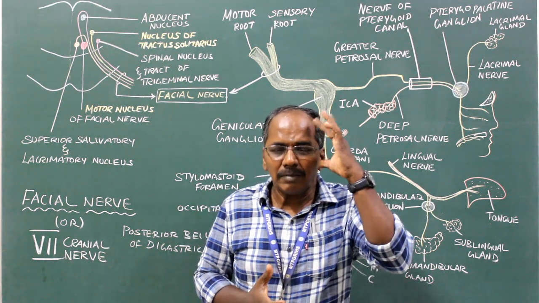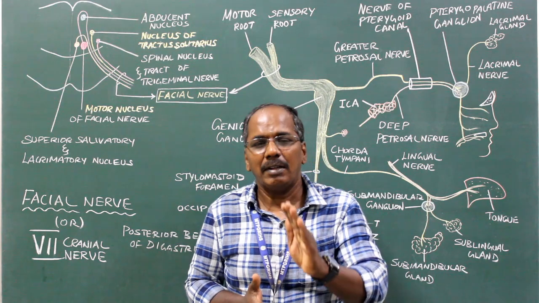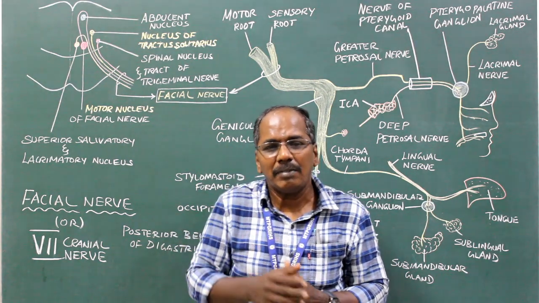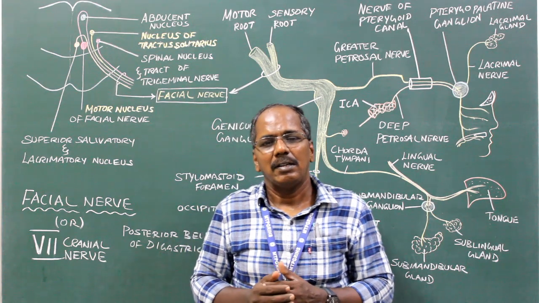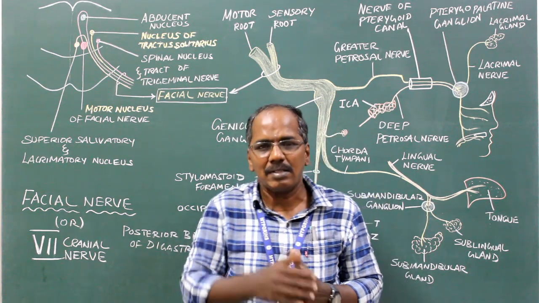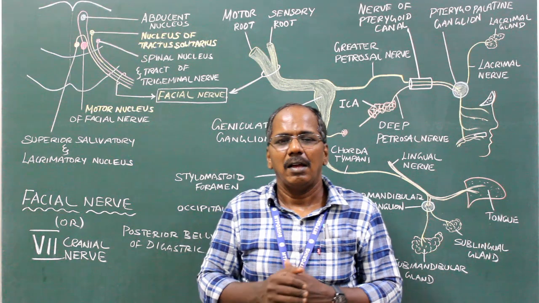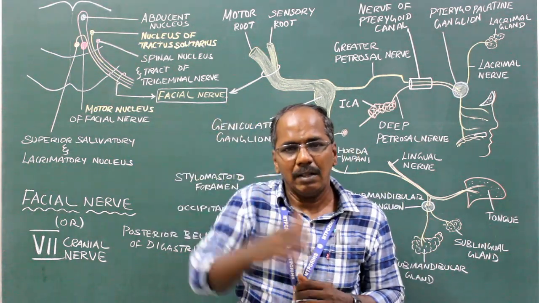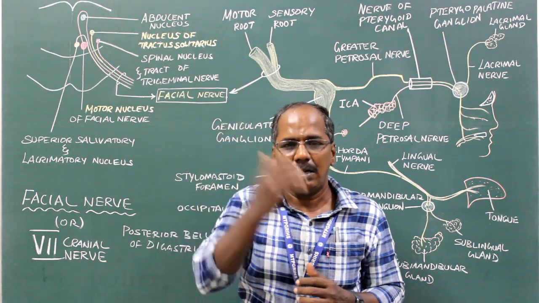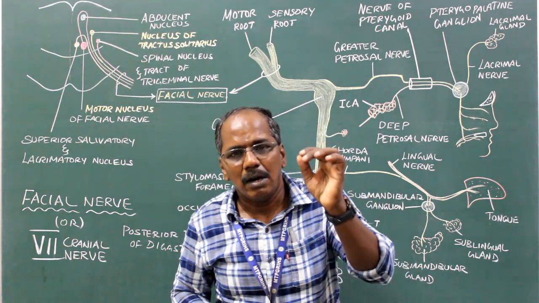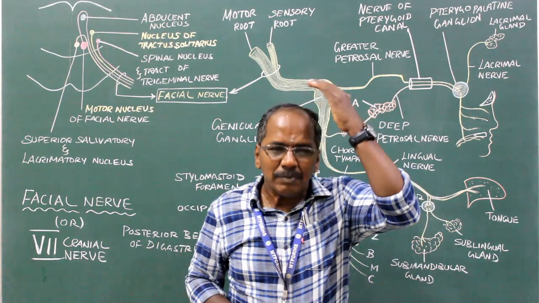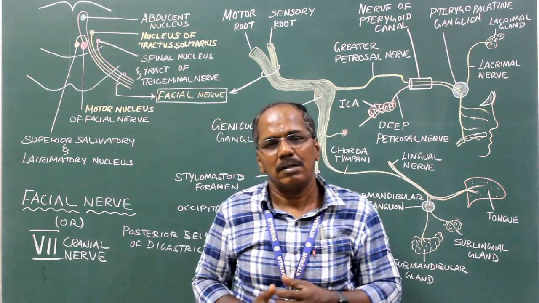The upper part of the face is not affected, since the corticonuclear fibers supplying the upper part of the face come from both the motor areas of the right and left cerebral cortex. So it has corticonuclear fibers from both cerebral hemispheres.